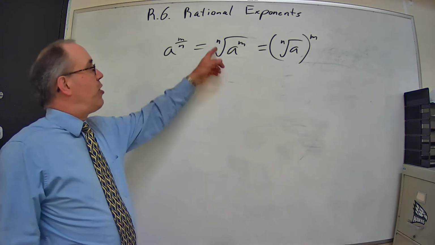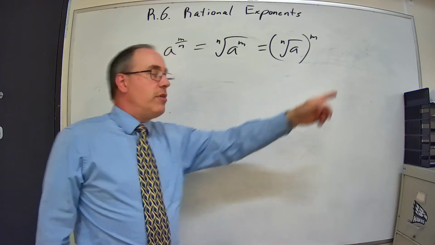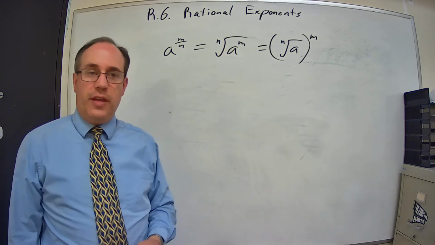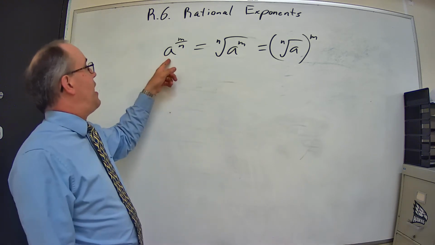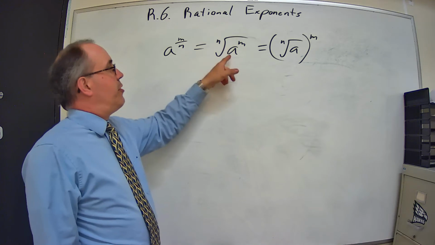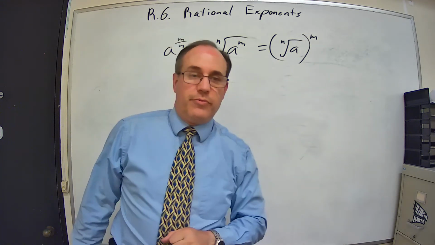It doesn't matter whether we take the root first and then we raise it to the power, or if we take the power first and then we take the nth root of it. It's the same thing. So if we have a to the m over n, we can rewrite that as the nth root of a to the m, or as the nth root of a raised to the m.